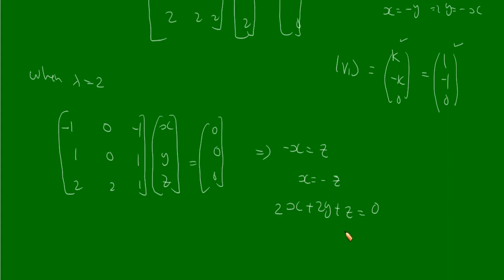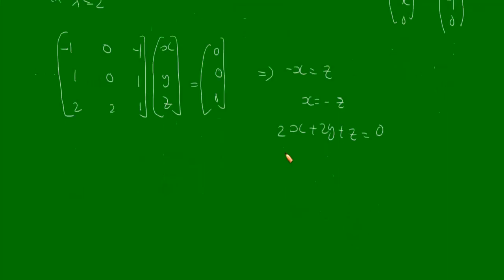So if I substitute x equal to minus z here, this will be 2x plus 2y minus x is equal to 0, and this minus x and 2x can be combined. So we get x is equal to minus 2y. So now we have z is equal to minus x and y is equal to minus 1 by 2 x.